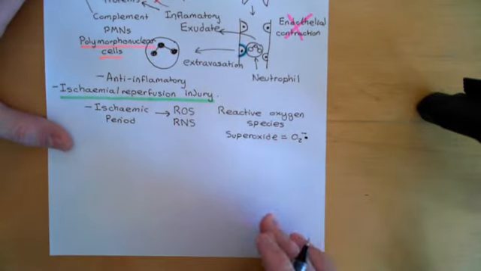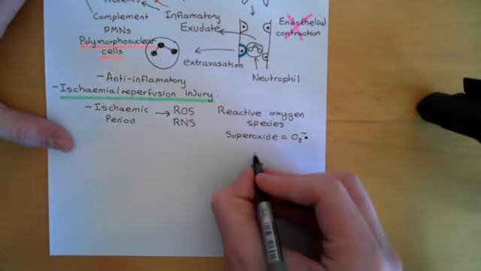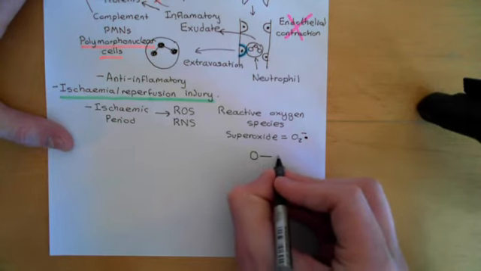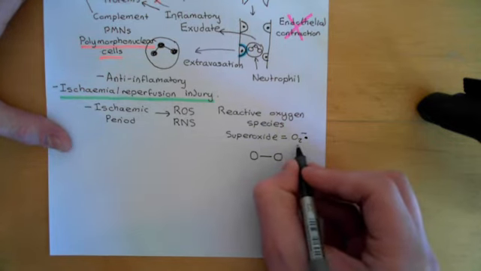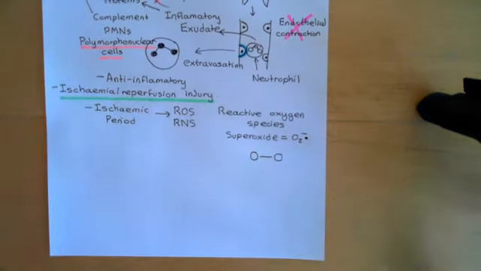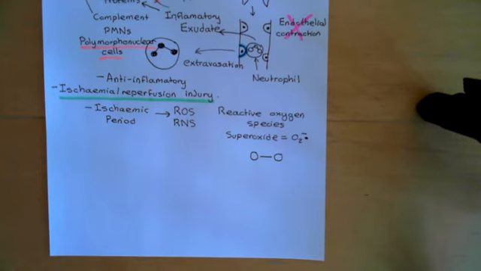Now let me discuss the actual structure of this with you. Basically it is an oxygen atom single bound to another oxygen atom. Normal dioxygen, where you would normally have two oxygen atoms bound together, is an oxygen atom double bound to another oxygen atom. In superoxide, the two oxygens are single bound to one another.